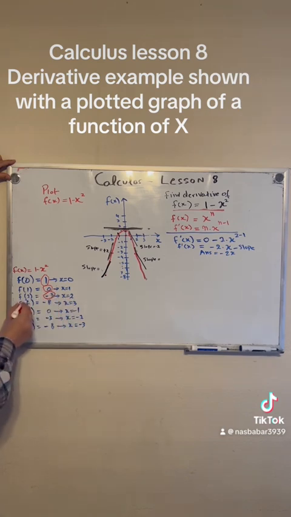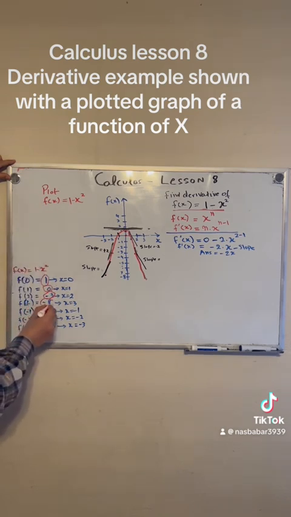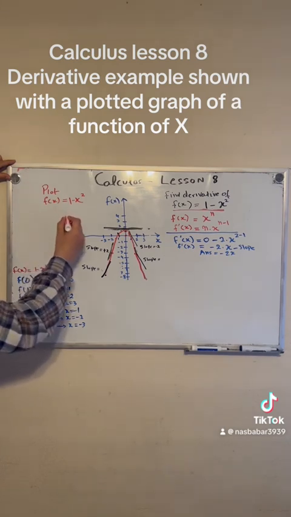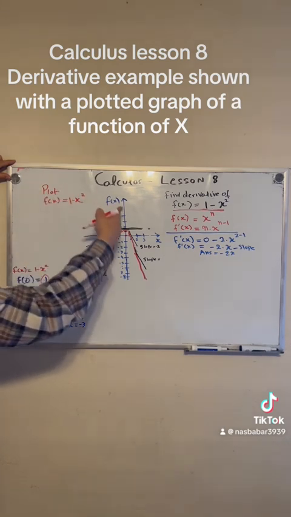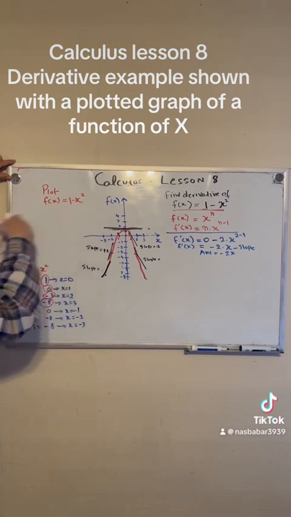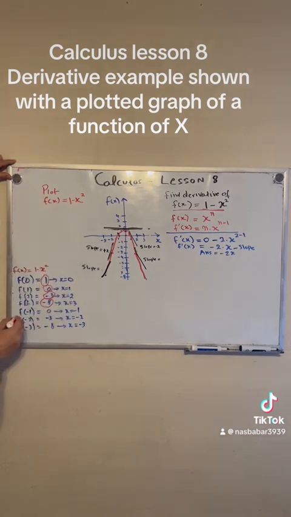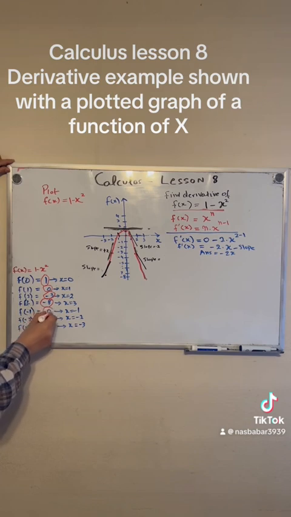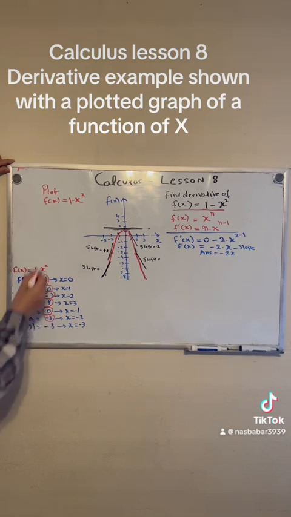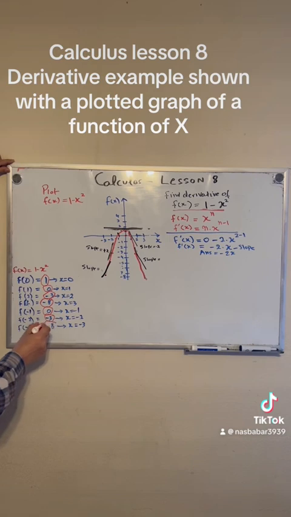If I replace x by 3, my function becomes minus 8, because 1 minus 3 squared is 1 minus 9, so minus 8. If I replace x by minus 1, my function becomes 0. If I replace it by minus 2, my function becomes minus 3. And lastly, if I replace x by minus 3, my function becomes minus 8.